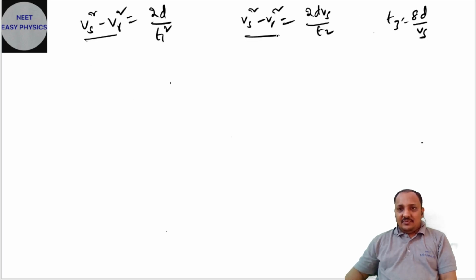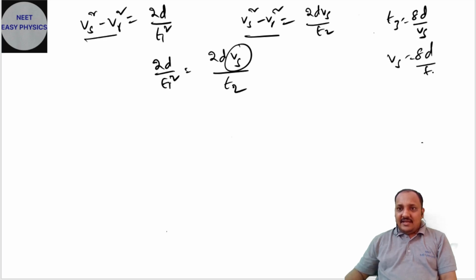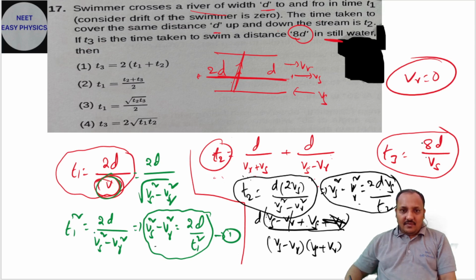Now equate these two. Next, we have to eliminate Vs. What is Vs from the third equation? It means 8d by t3. So substitute here 8d by t3. When squaring, 2d into 2d gives 4d square, correct?